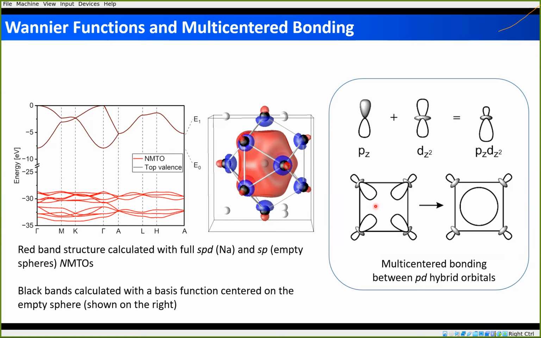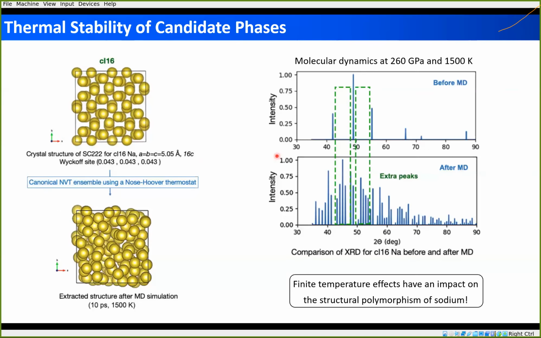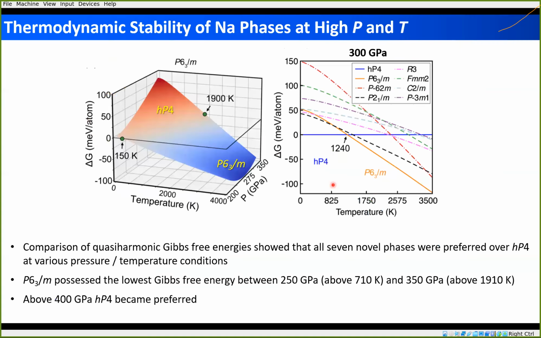This is the interpretation that we would like to give for the formation of the electride state: you actually have this s to pd transfer due to the Pauli exclusion and the orthogonality under pressure. And then one would have the overlap of these pd hybrids giving rise to this multi-centered bonding and forming this electride state. Okay, and now I've talked a lot, so I won't talk about anything more.